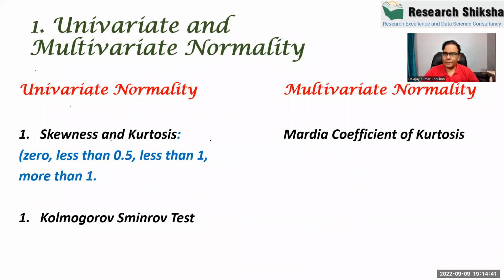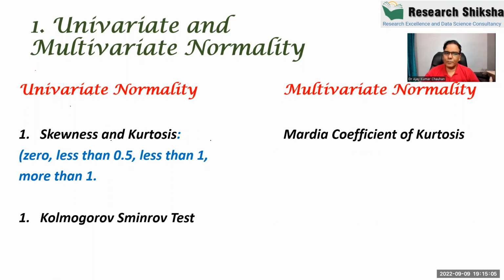So according to me, from many references, I found that if your skewness and kurtosis is less than 1, you can say my distribution is near to the normal. Especially when you are measuring the statements on a 5-point scale or 7-point scale.